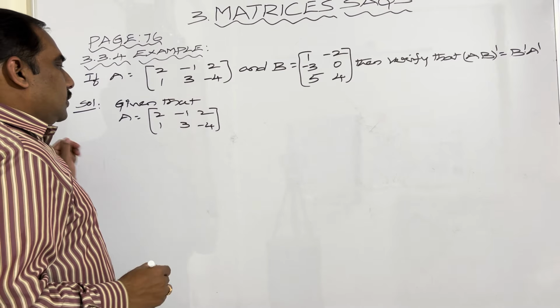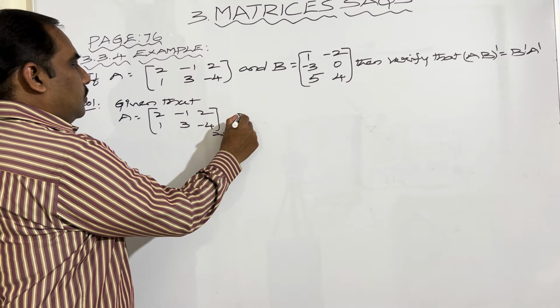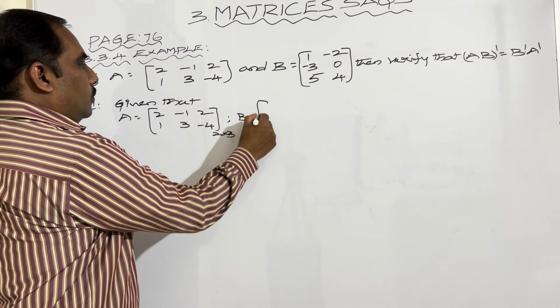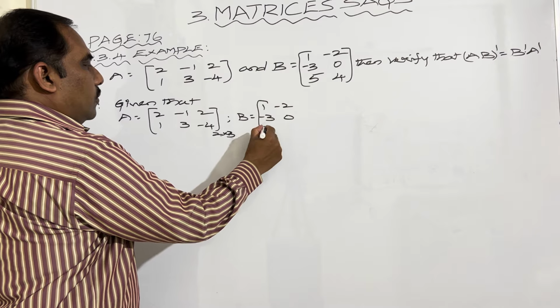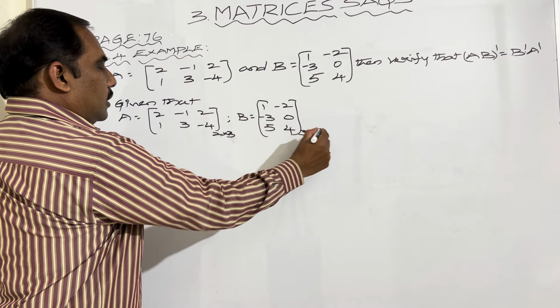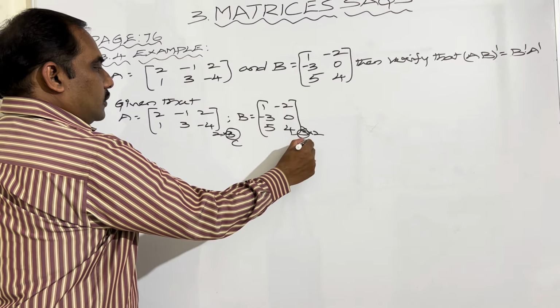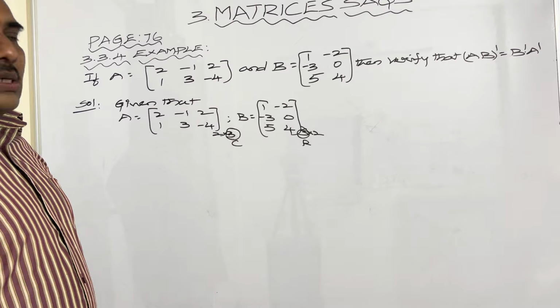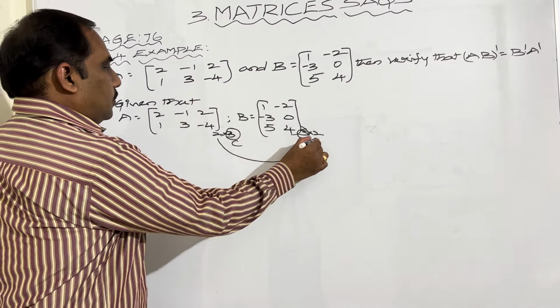This is a 2 by 3 matrix, and similarly matrix B is equal to [1, -2; -3, 0; 5, 4]. This is a 3 by 2 matrix. Here, the number of columns in the first matrix A is equal to the number of rows in the second matrix B, so matrix multiplication is possible.